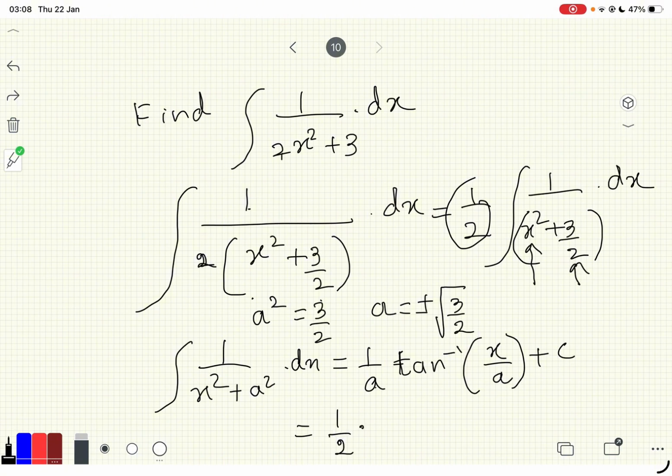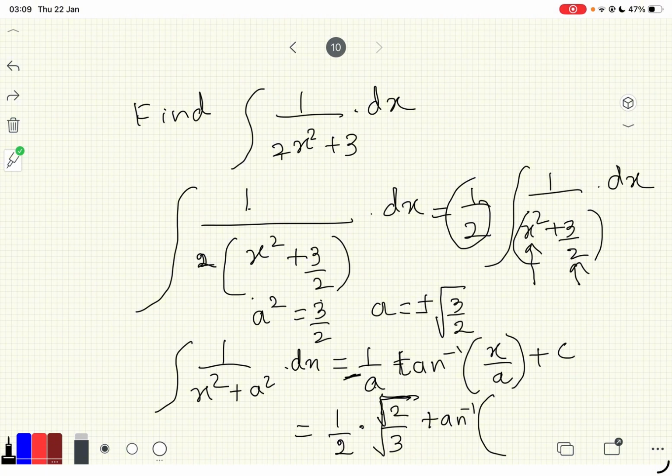Now for 1 over a, 1 over root 3 by 2, the reciprocal would be root 2 by 3. The reciprocal is root 2 by 3, multiplied into tan inverse x over a.